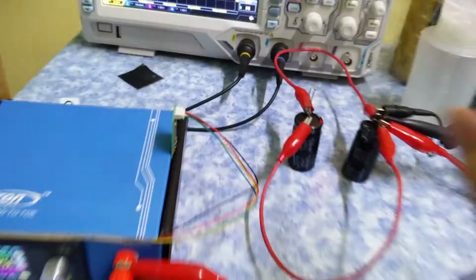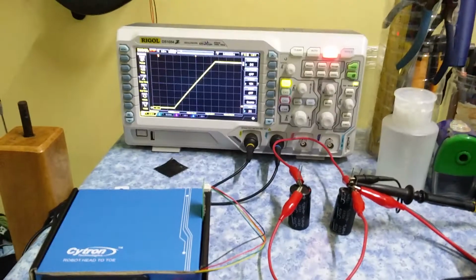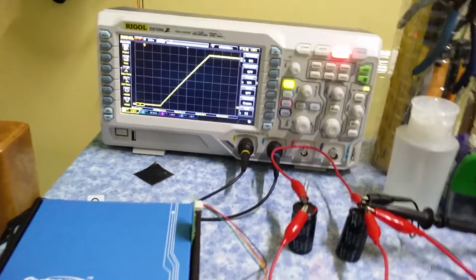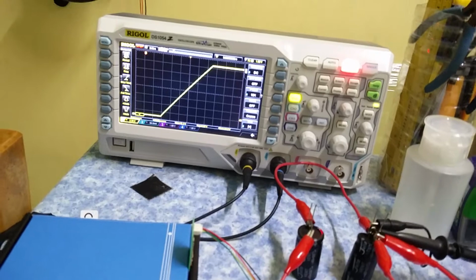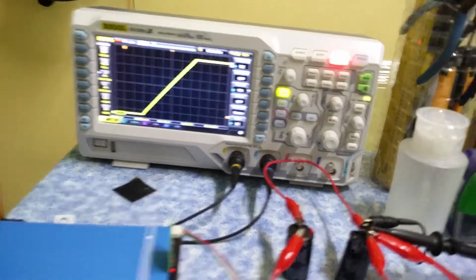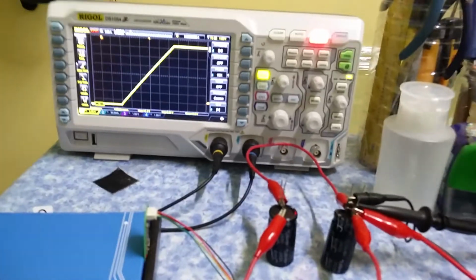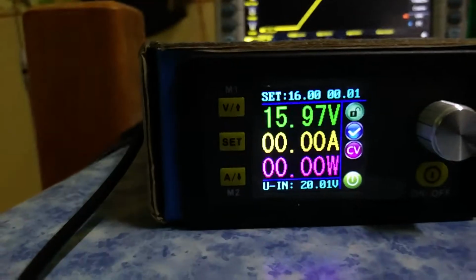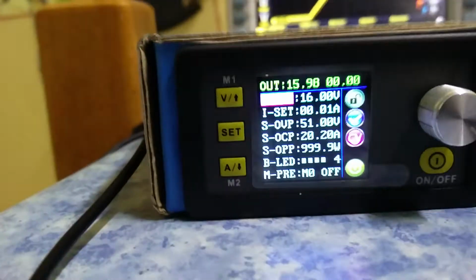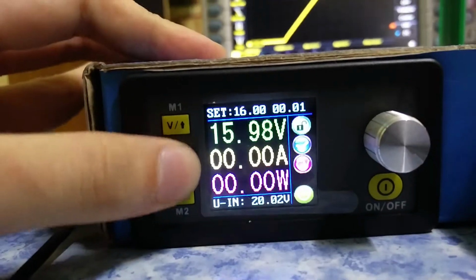Just to prove that the experiment is not flawed, I shall proceed and charge the capacitors now with a non-constant current power supply, as in I will just give it 16 volts all the way and not limit the current flowing to the capacitors. To achieve that, I'm going to change the setting on my power supply.